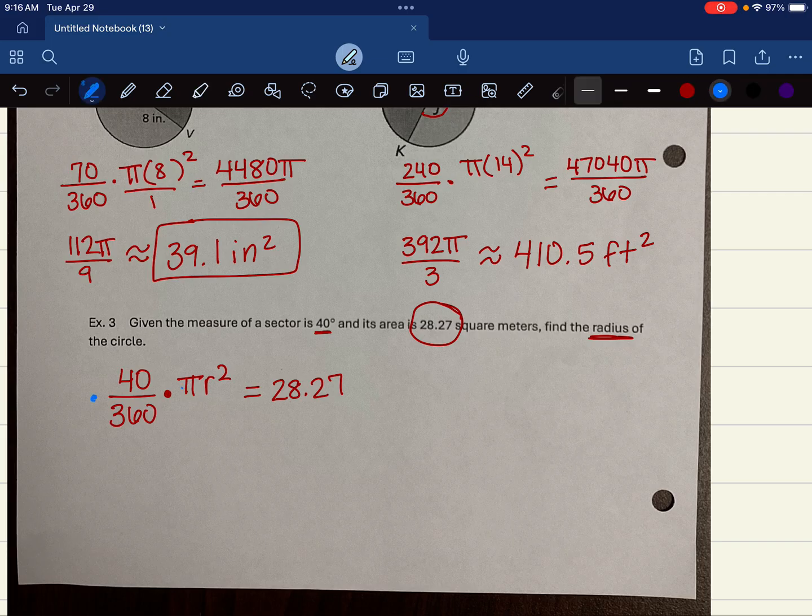So how can I get rid of 40 pi over 360? Times 360 over 40 pi.